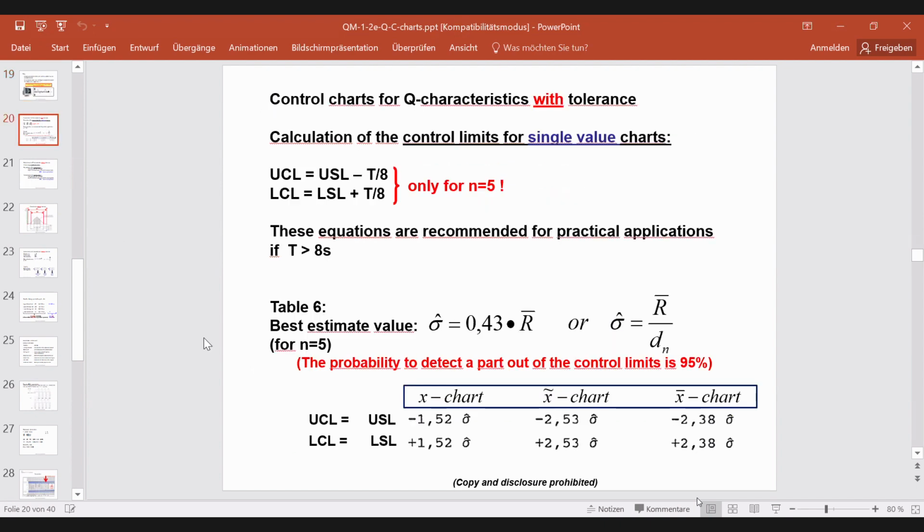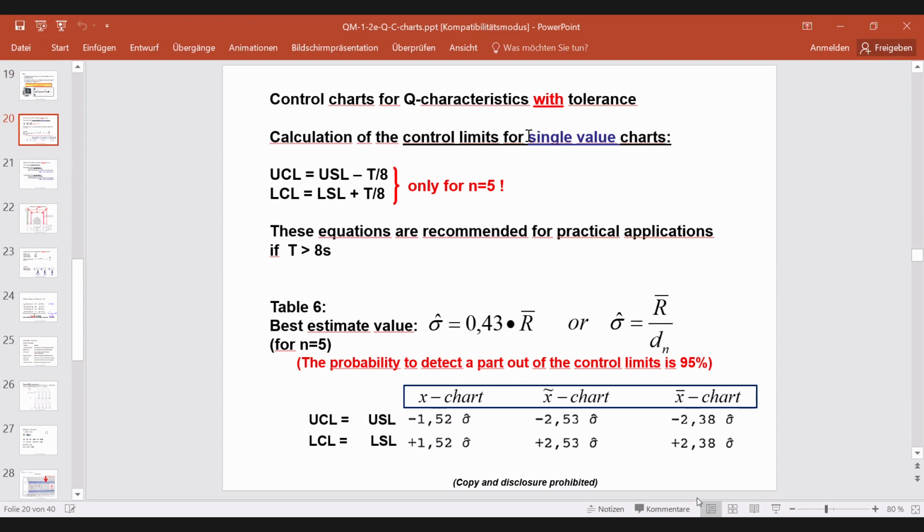This sheet here is showing an example of how to calculate the control limits for a control chart with tolerances. This is for single value charts.